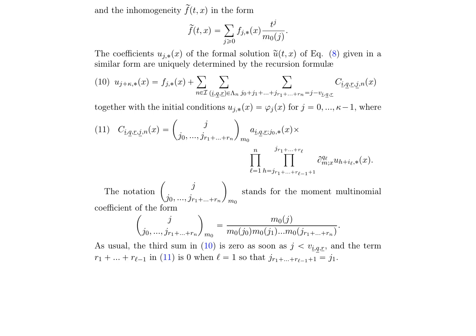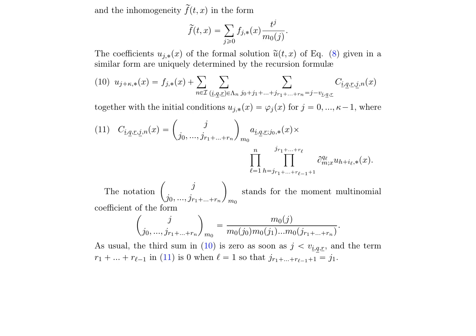Notably, the moment multinomial coefficient is of the form m0(j0) m0(j1)... m0(jr1 rn).